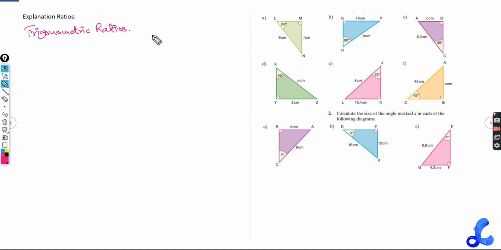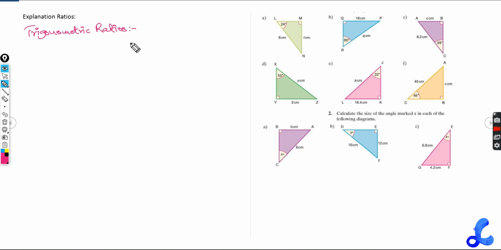In Pythagoras theorem, we saw that we were playing with 90-degree angles only. In trigonometric ratios as well, we will be playing with 90-degree triangles only. The only major difference over here is that we will be able to find out the angles of each side as well. So angles are coming into play now. So let's see how it works.